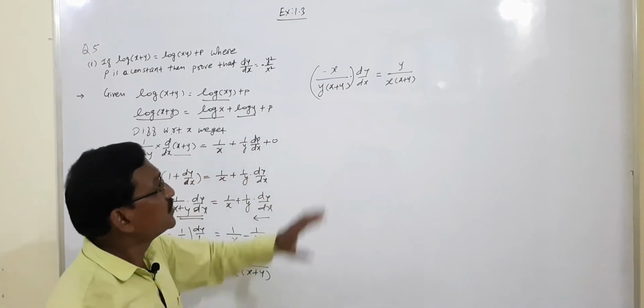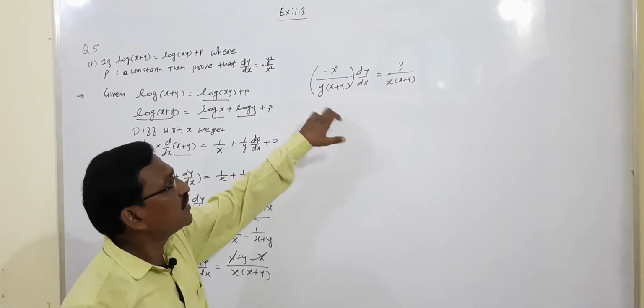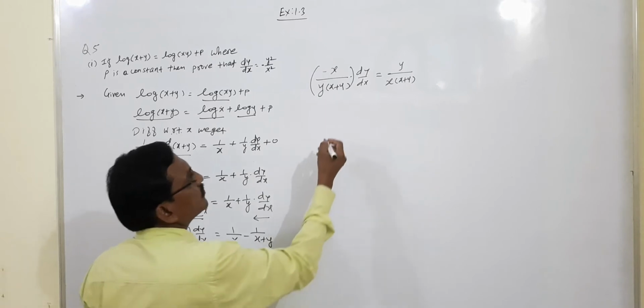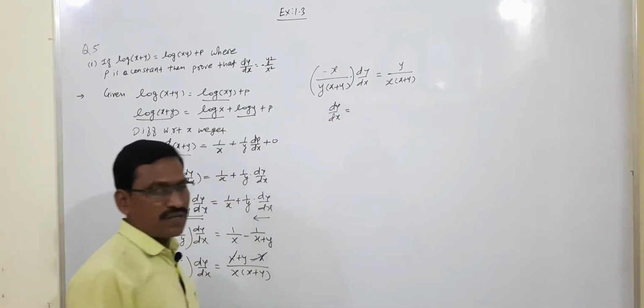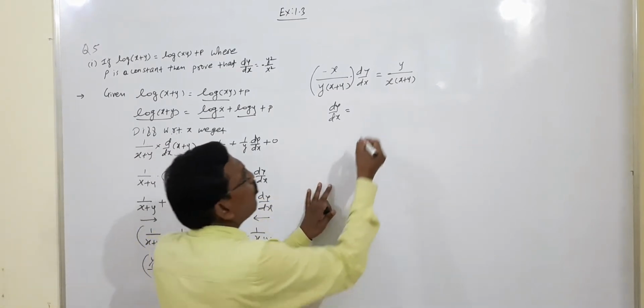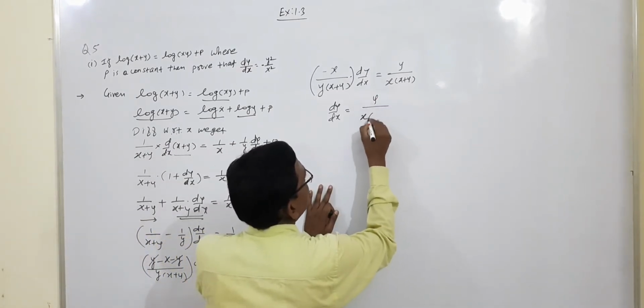Now we take this bracket in the right hand side. In the left hand side there is dy by dx only.